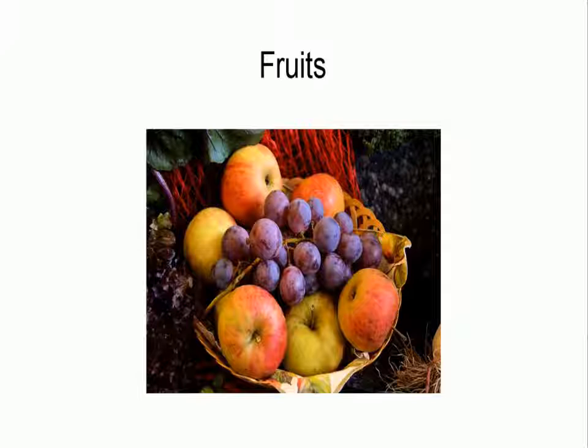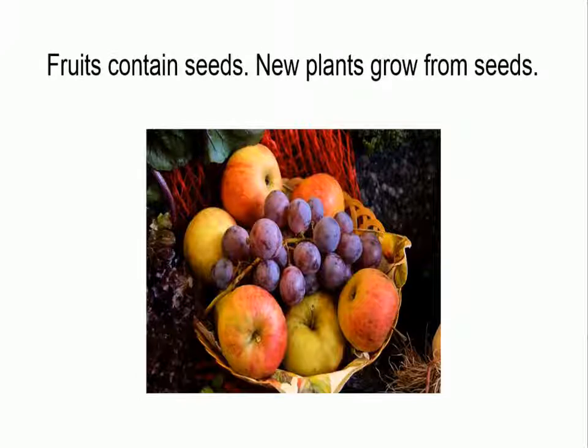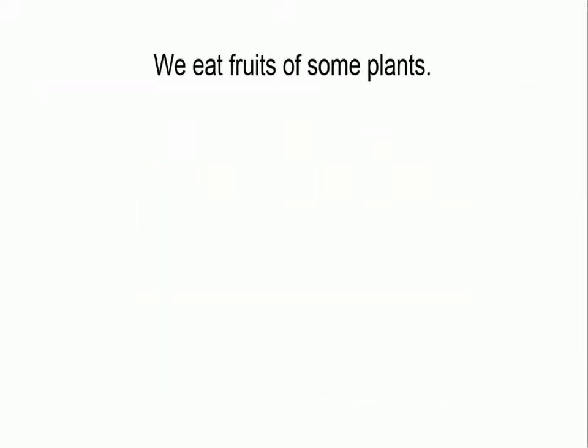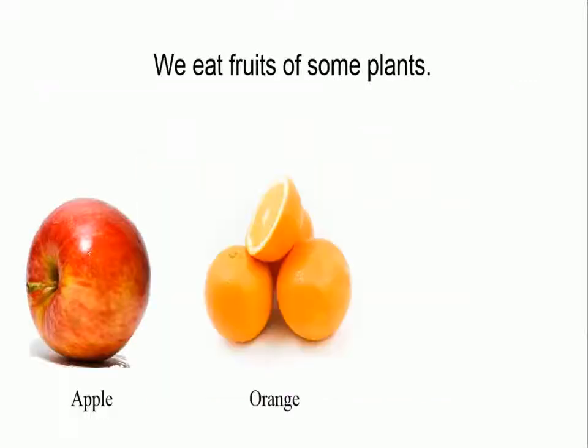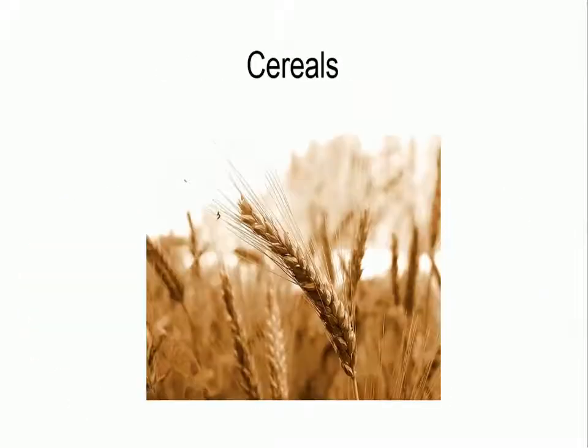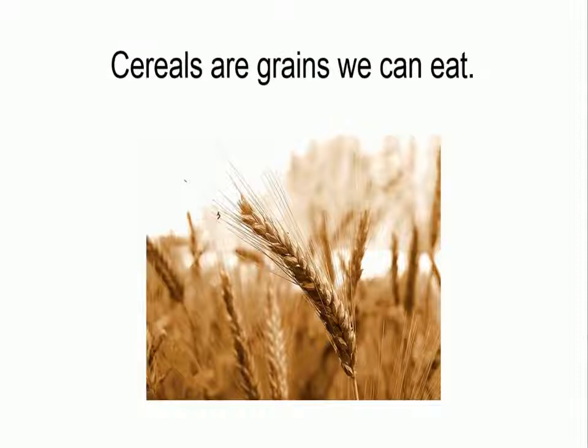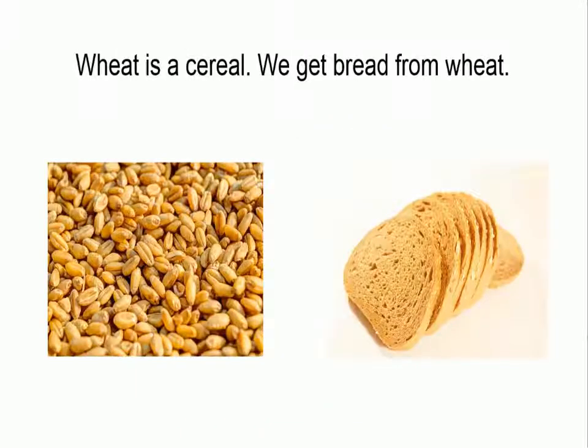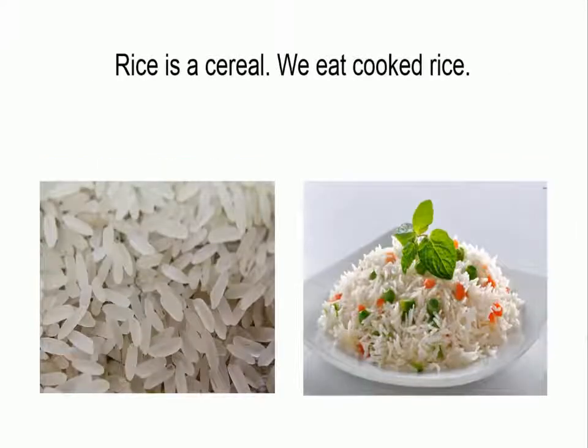Let's learn about fruits. Fruits contain seeds and new plants grow from these seeds. We eat fruits of some plants. For example, apple, orange, banana. These are examples of fruits. Cereals. Cereals are grains that we can eat. Wheat is a cereal and we get bread from wheat. Rice is a cereal.